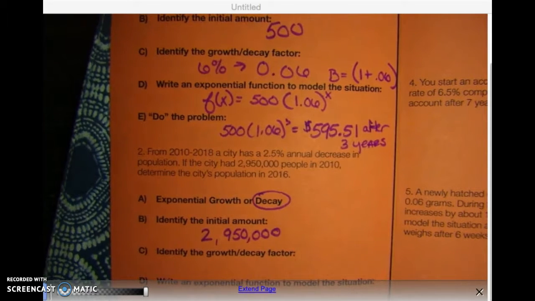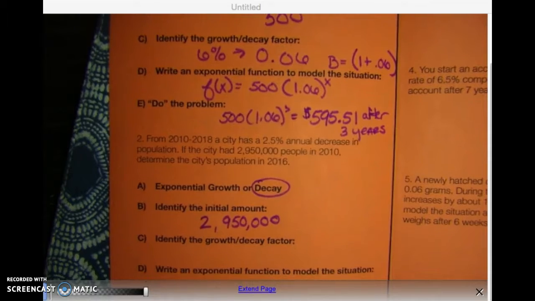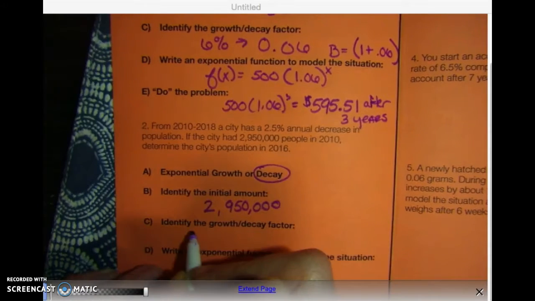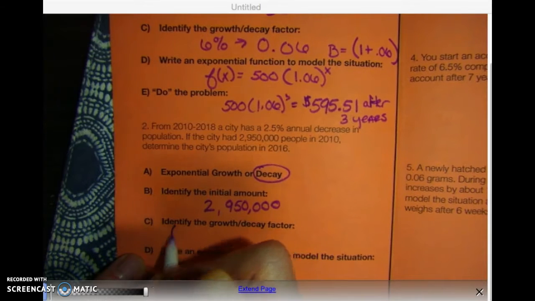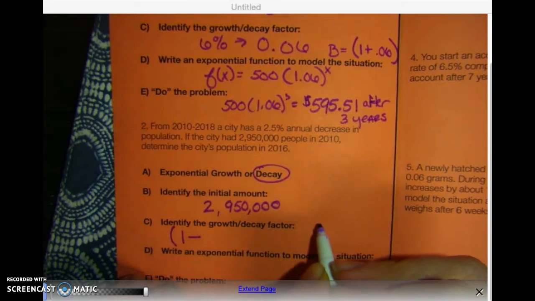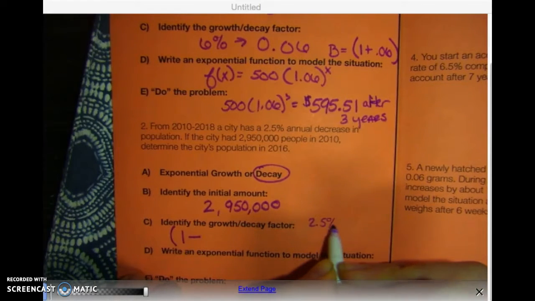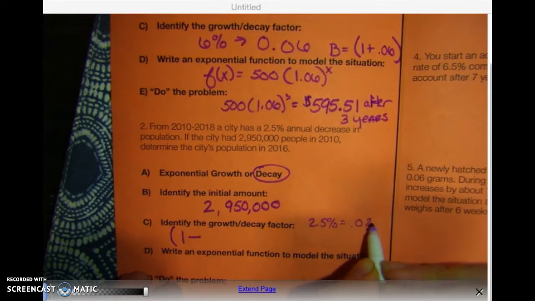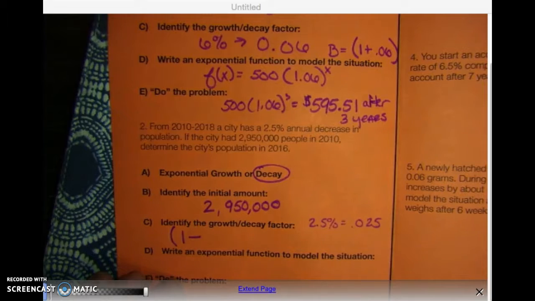All right, now our rate. We have to find our rate by, am I going to do 1 minus or 1 plus here? Minus. And we have 2.5%. So what is that as a decimal? 0.025.